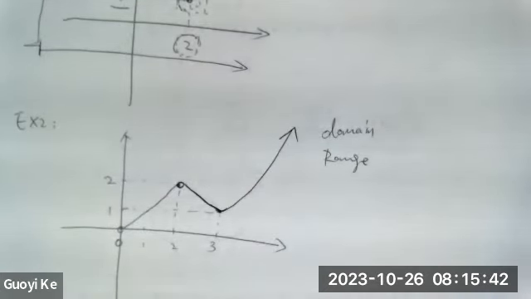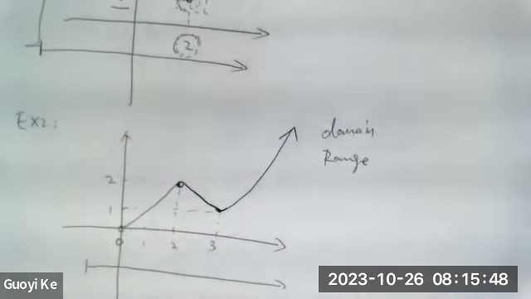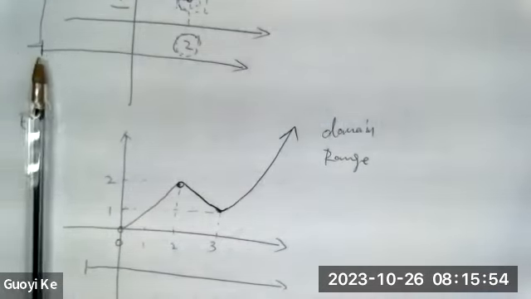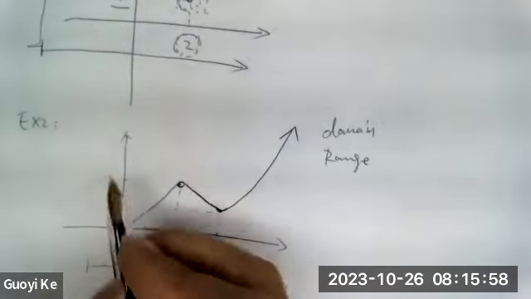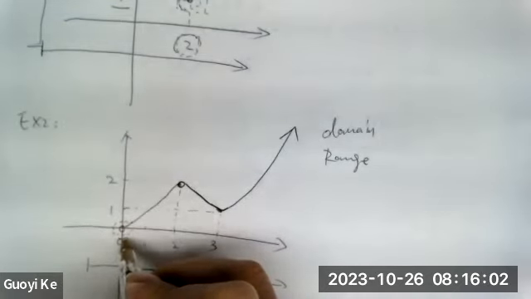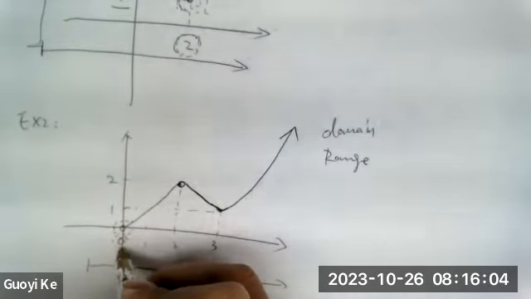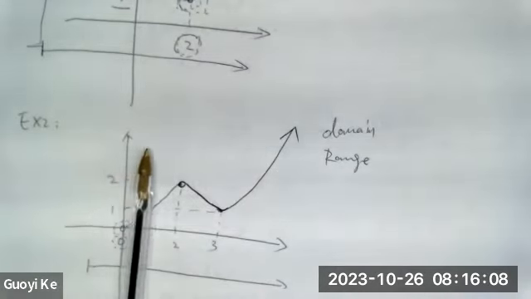Okay, let me write out the answer on the board. From left to right, so we move the pen from left to right. The first touch is this point, and this point has x value 0. Now we continue to move the pen.